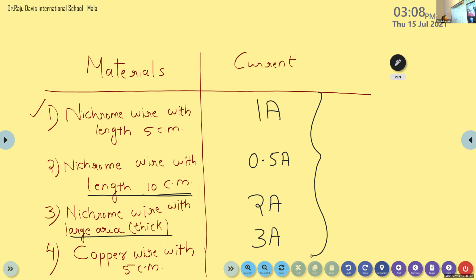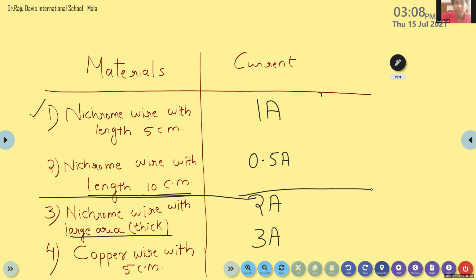Right? So first of all we can observe the value of the current for only the first 2 cases. That is, for nichrome wire with a 5 centimeter length and nichrome wire with a 10 centimeter length. In which case is the value of the current more?